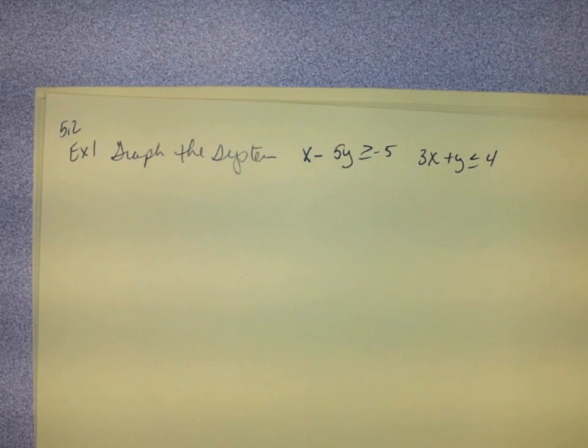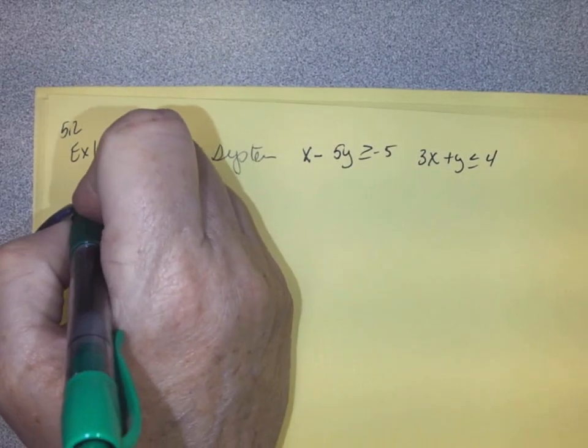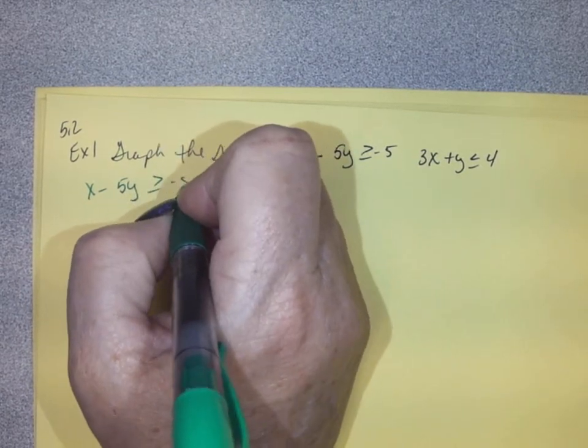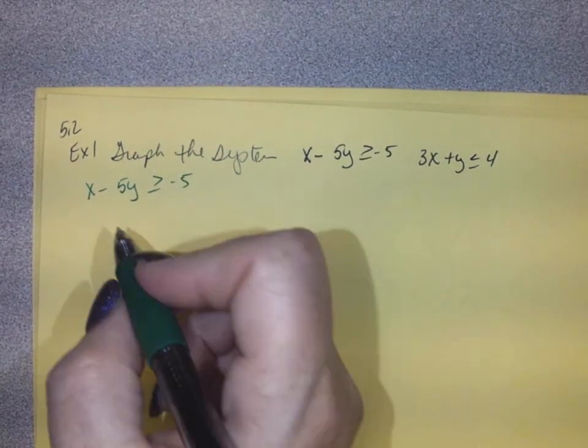So we're going to do the same thing we've done in the previous sections. We're going to find the x-intercept, the y-intercept, and do the test point. I'm going to do x minus 5y greater than or equal to -5 first.